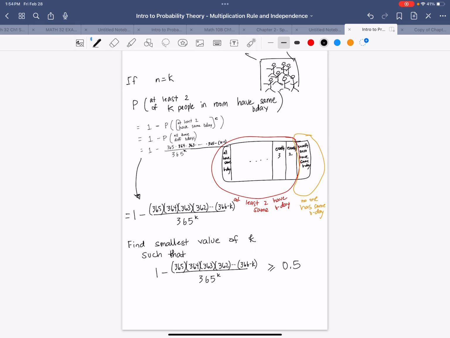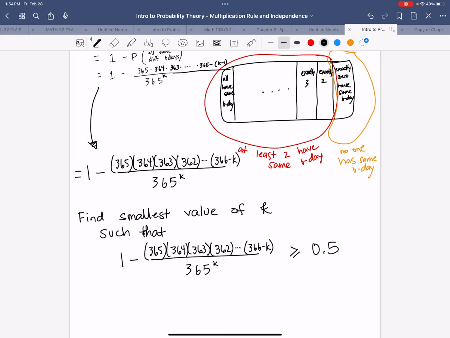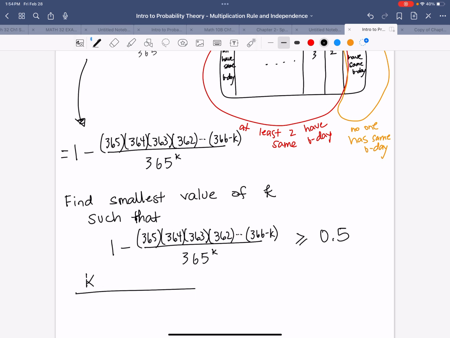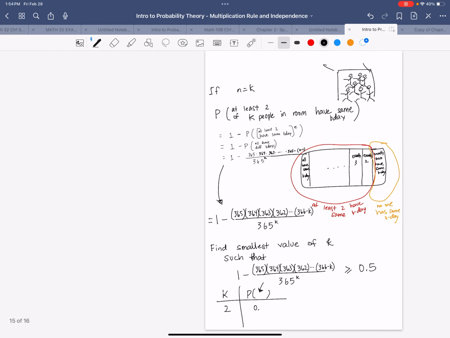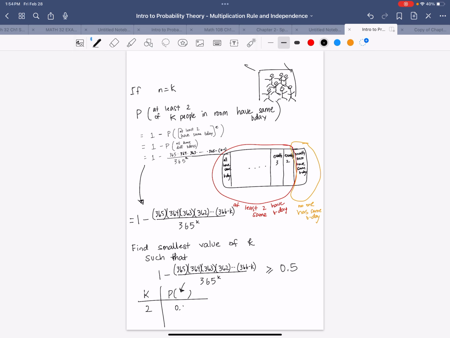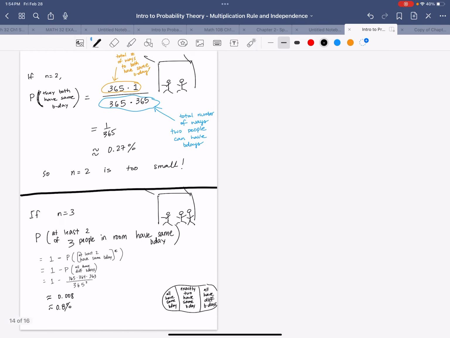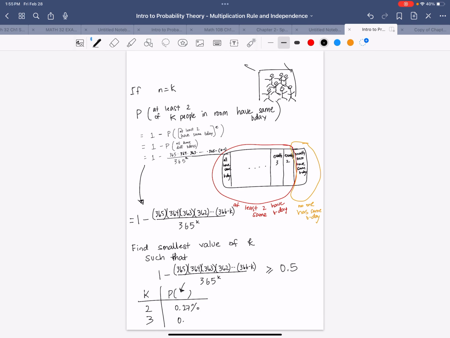And so we can put this into a spreadsheet, I guess, or whatever way you like to calculate this. You do a little chart, k, and then this probability. So k equals 2, we got something like 0.27%. For k equals 3, we got 0.8%.